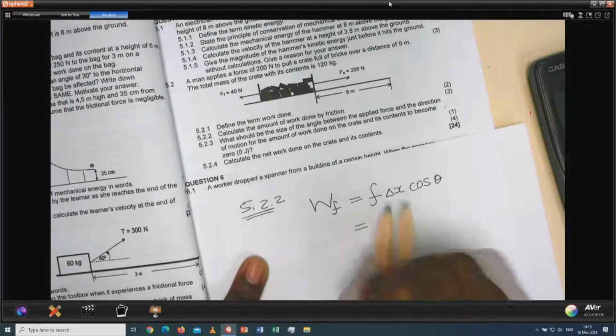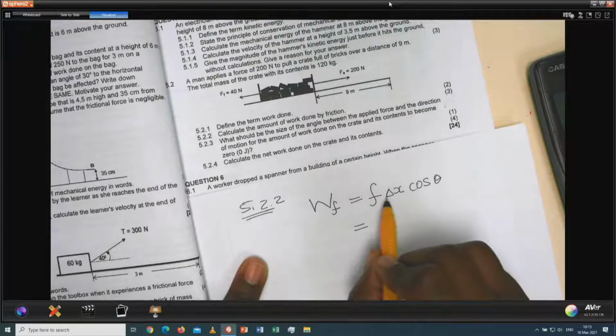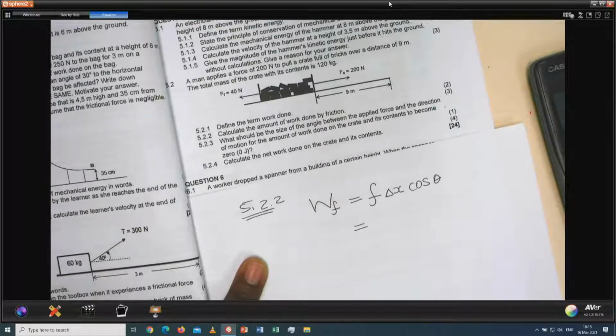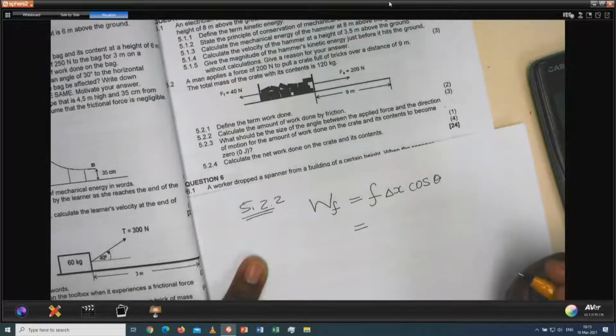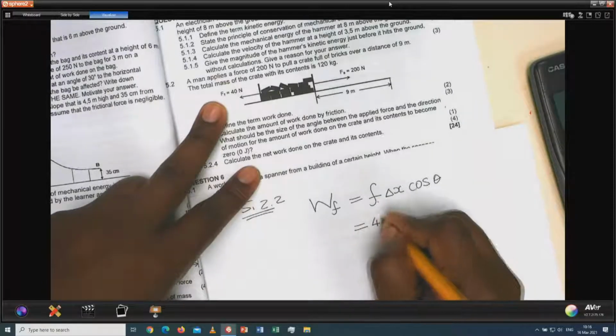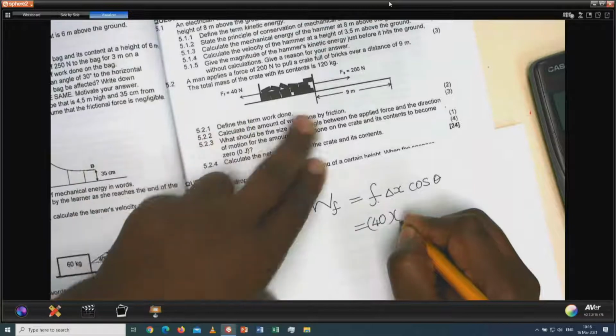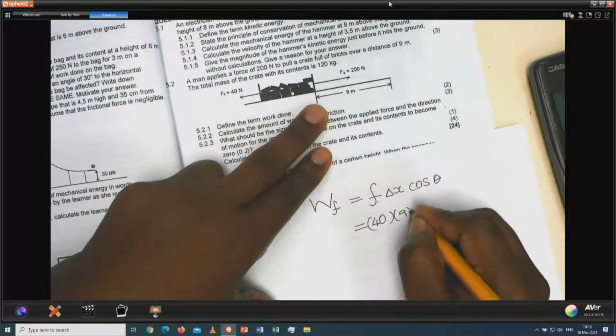Remember, if the force is anti-parallel to the motion in which the object is moving, then your theta will be equal to 180 degrees. So the magnitude of the frictional force given is 14 and the displacement is 9.